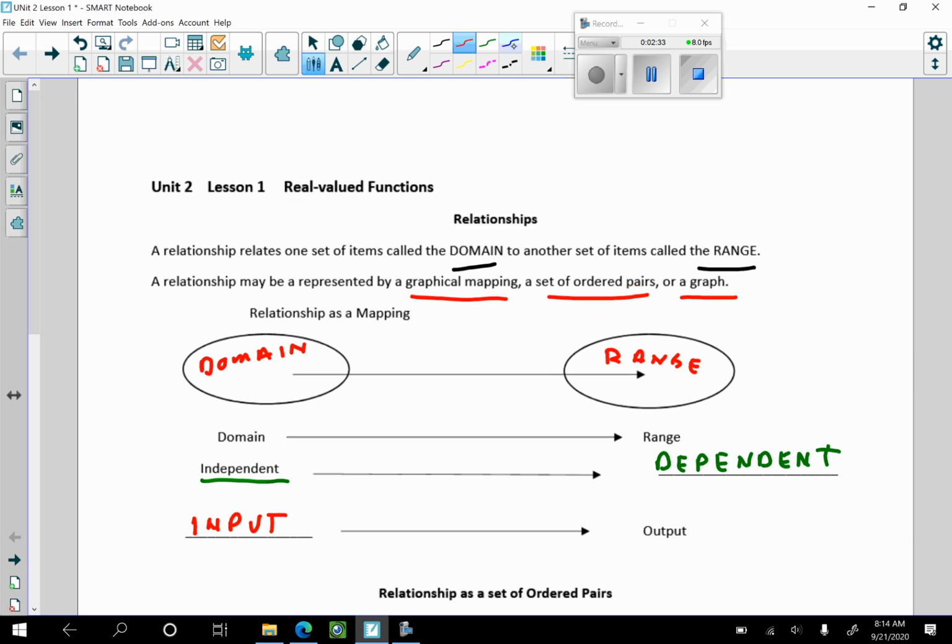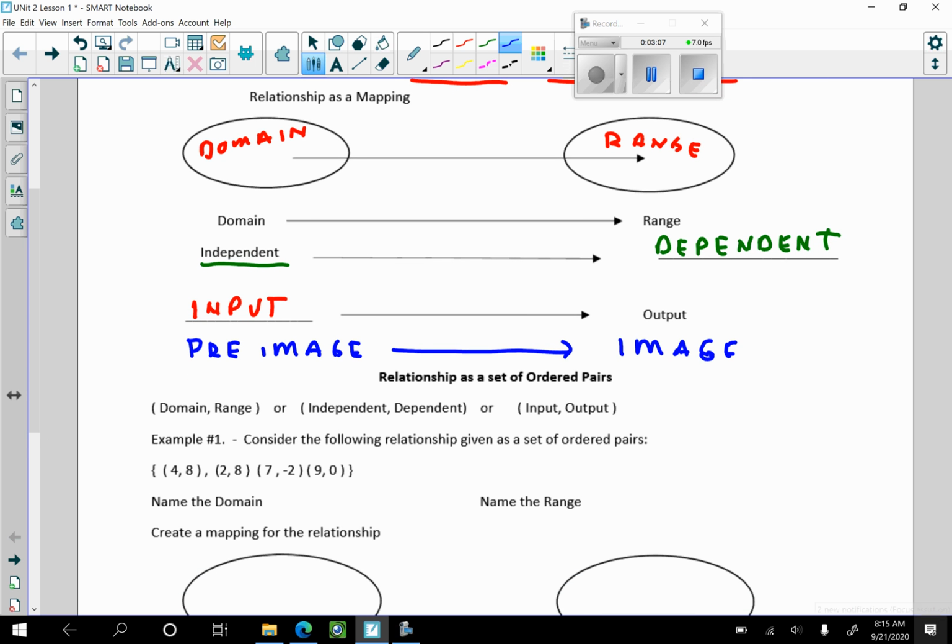If you're talking about a graphical relationship, you can talk about the preimage mapping to the image. A little FYI there. As ordered pairs, you can have the domain, the range, independent, dependent, input, output, it doesn't matter.